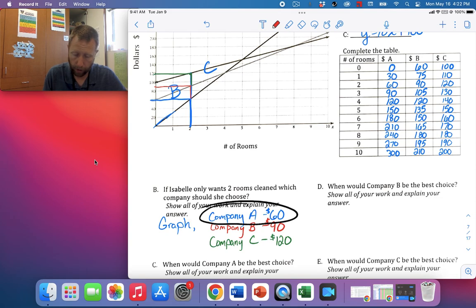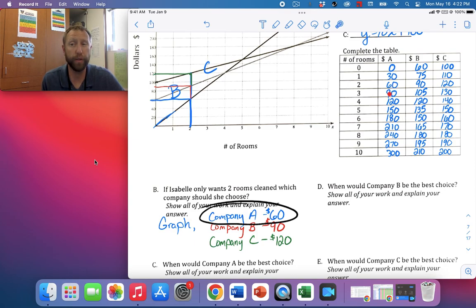If I go across this table here and just look and see company A for 0 rooms, okay, well, that's not going to happen. So let's start at 1. For just 1 room, company A is 30, then 75, and then 110. It's company A. For 2 rooms, we already said it was company A. There's 60, 90, and 120.